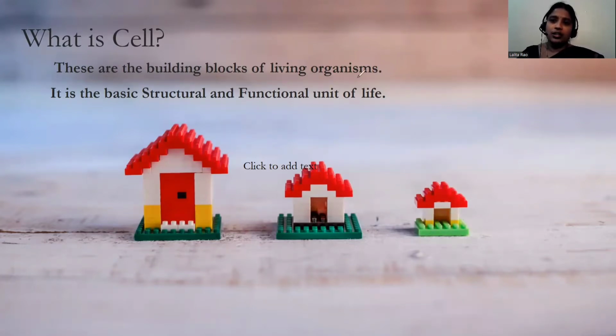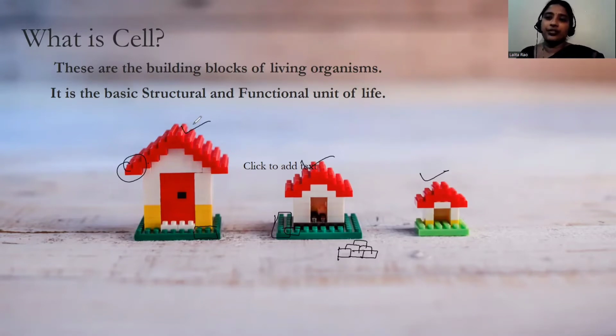When you separate these building blocks, you see them existing in different pieces. When you join these pieces, one above the other like this, they give a shape and form a shape like this. So this is the function of the cell.